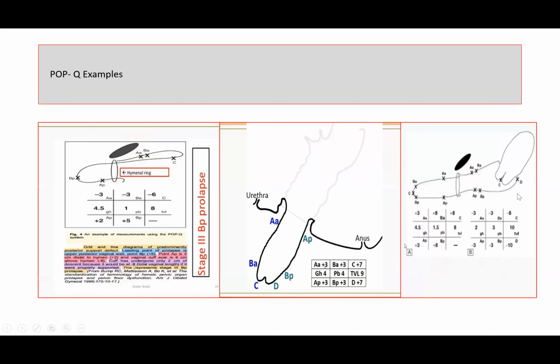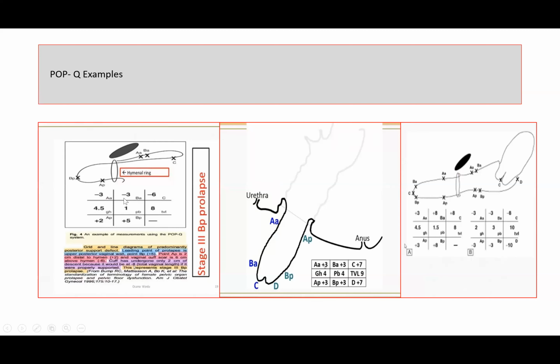And then whenever you see any grid in the exam, suppose you get this grid, then by looking at it, we can see that there is prolapse, because AA, BA, it is not minus 3, this is not minus 3. So there is prolapse here. And when you see this grid, so when you see the anterior vaginal wall, this is minus 3, this is minus 3.